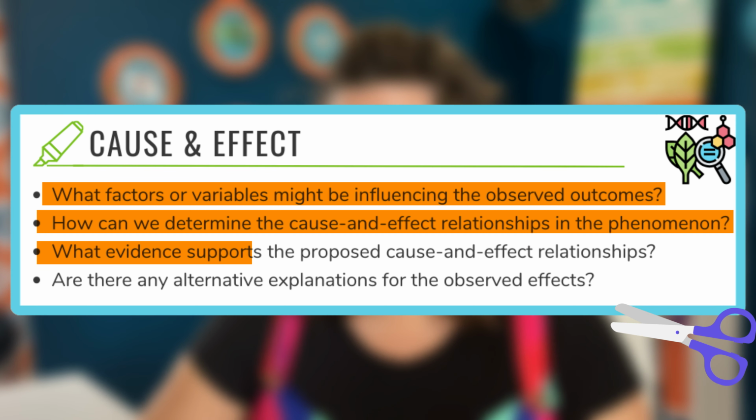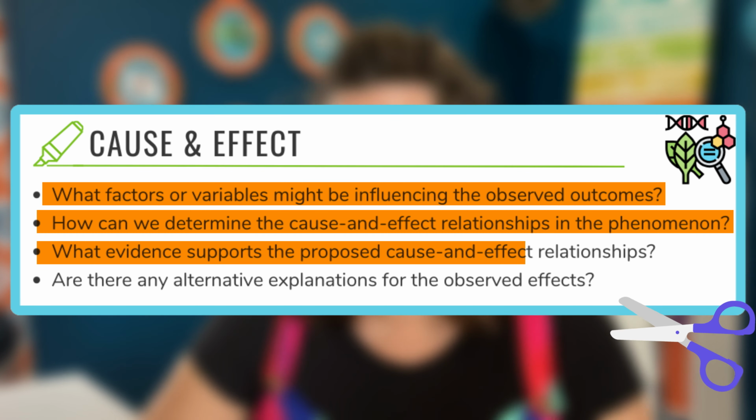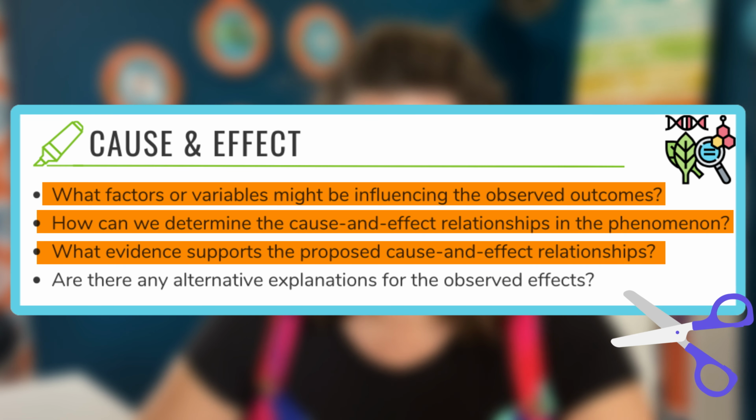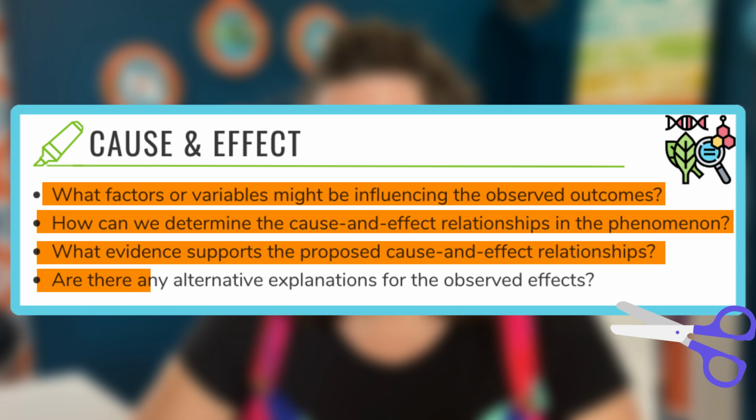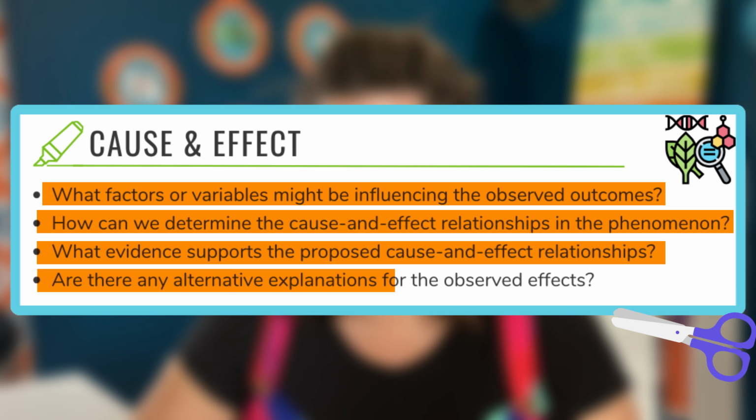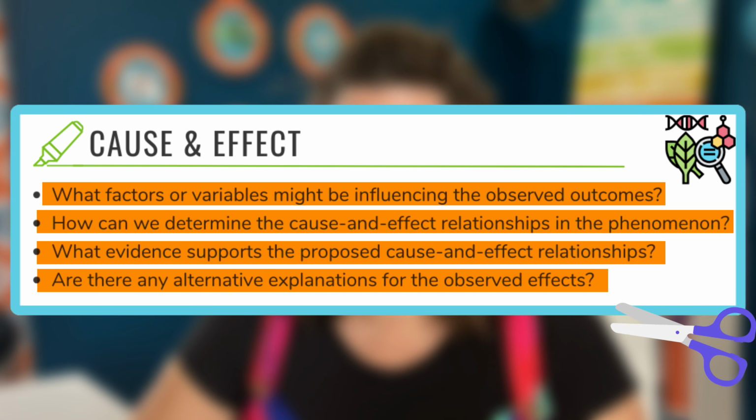And then some follow-up questions you can have for your students while they're working through the activity are, what evidence supports that this caused this effect? And are there any alternative explanations? Ooh, that's a money question, because that's one of those questions that gets to multiple correct answers.